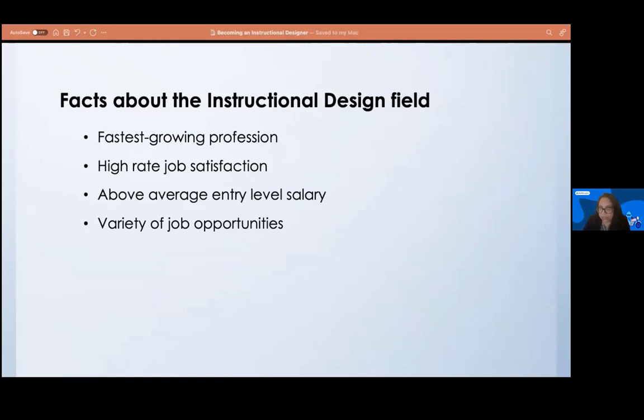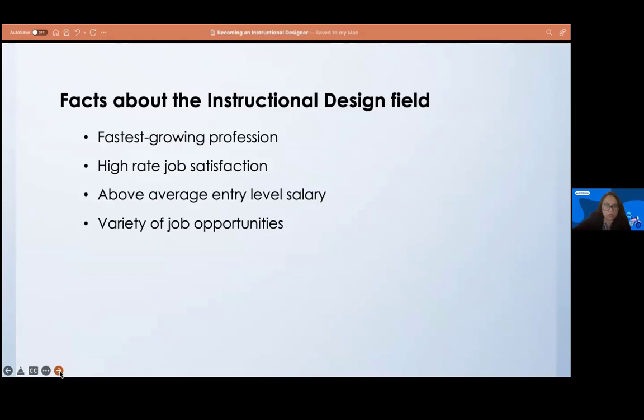Also, instructional designers work across industries like corporate, government, nonprofit, higher education, and K-12. So as you can see, the field is wide and it has room to grow. That's why we have seen a lot of people transitioning from K-12 to instructional design now.